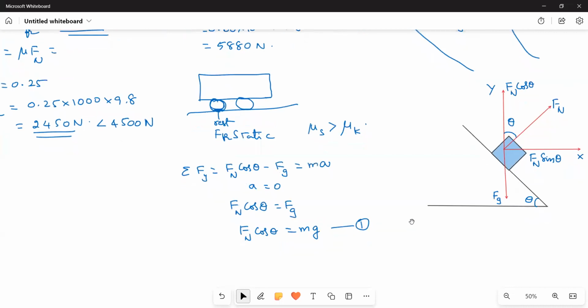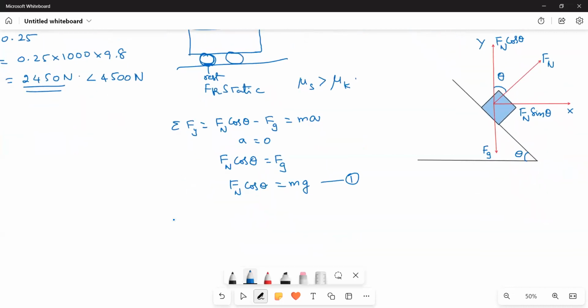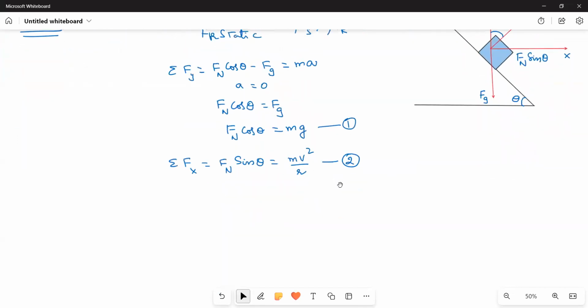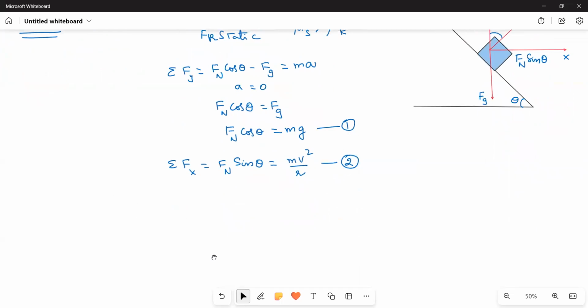Now we will write the x direction forces. What are the x direction forces? Sigma Fx is equal to Fn sin theta. Fn sin theta is equal to your centripetal force, mv square over r. Let this be equation 2. Now we will divide the second equation by the first equation, 2 divided by 1.